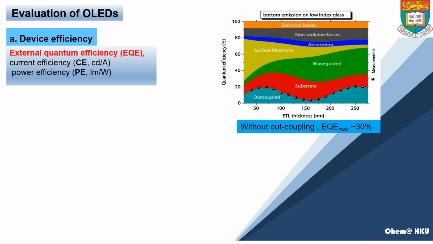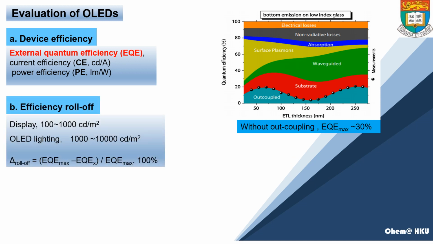Without outcoupling, EQE max can be up to 13%. Then we use luminance. In general, for display, the OLED always works at 100 to 1000 cd per square meter. For lighting, the luminance will be higher. We can calculate it from this formula.